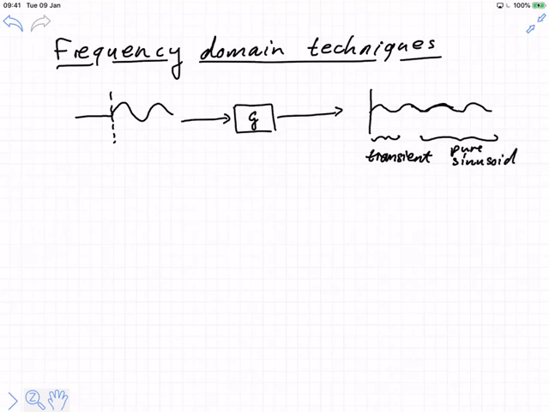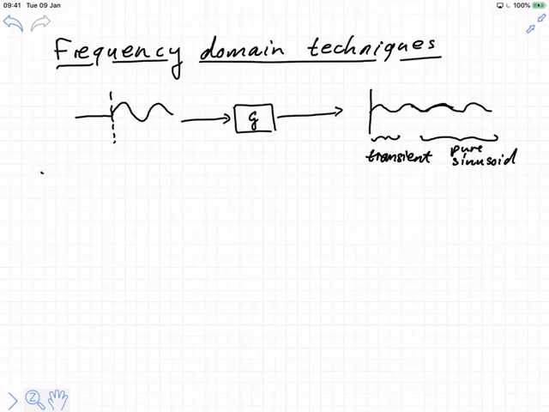Right, so this is now the underlying idea behind frequency domain techniques, is that it is possible to calculate that sinusoidal response using the Laplace transform, or in our particular case, we're going to effectively be saying we use the Laplace transform with this kind of substitution.